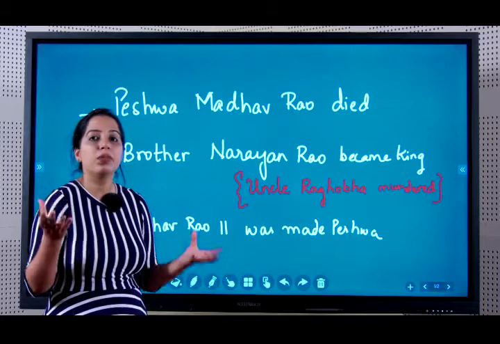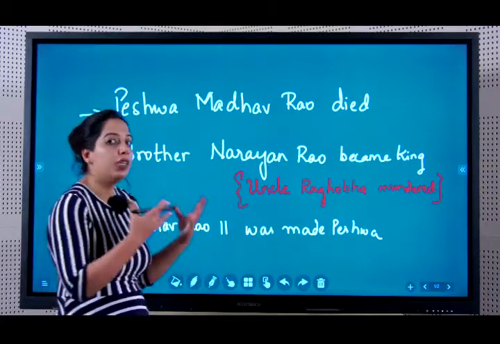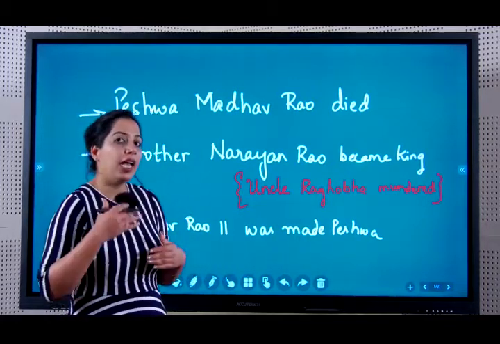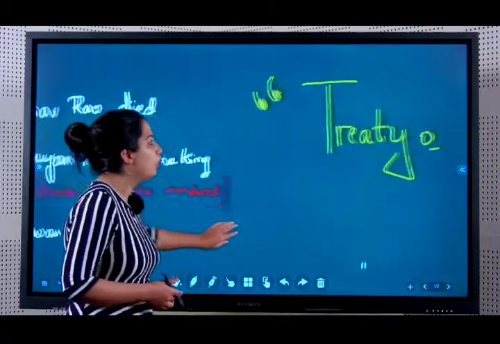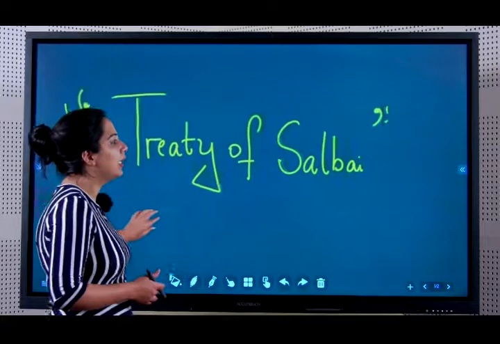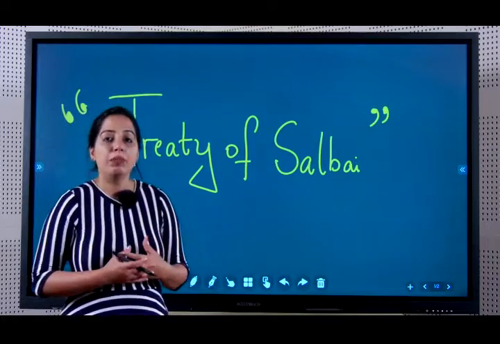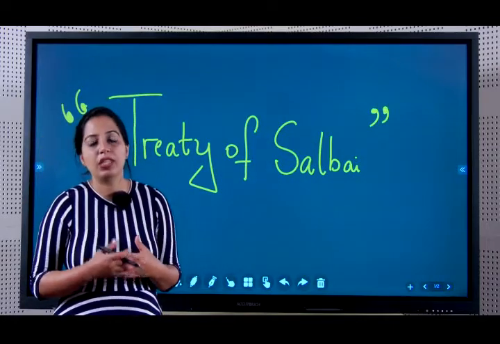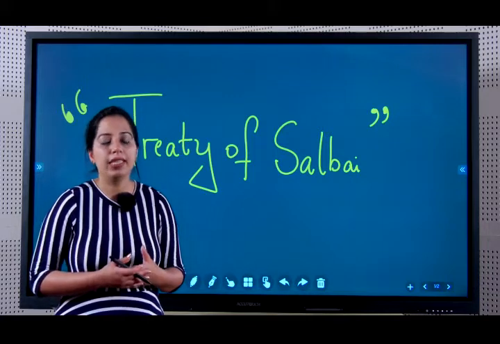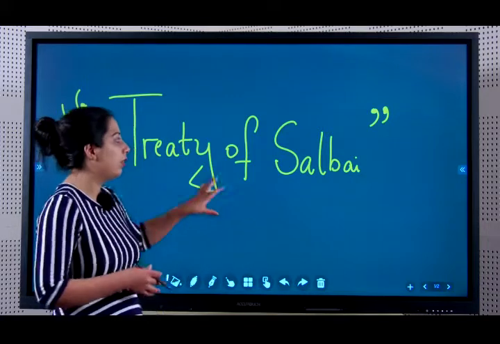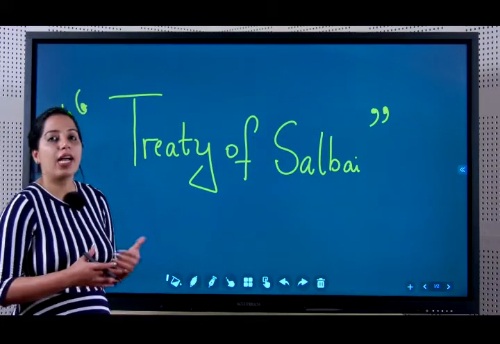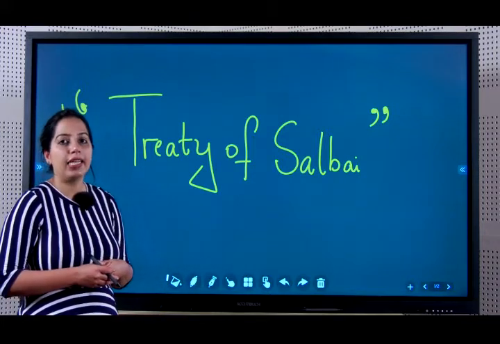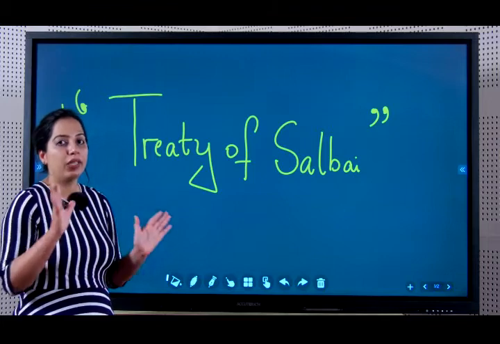Raghoba was very upset and he went to the British saying, help me become the king. Now, within the family, two people are fighting to become the king. The British took advantage of the situation and waged a lot of wars. In the end, peace was made through the Treaty of Salbai. Now, let's look at the first Anglo-Maratha War in detail. I hope you have got adequate background.